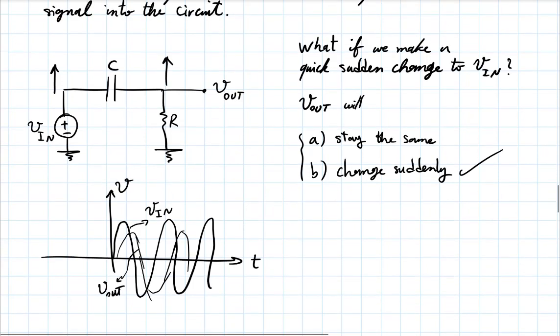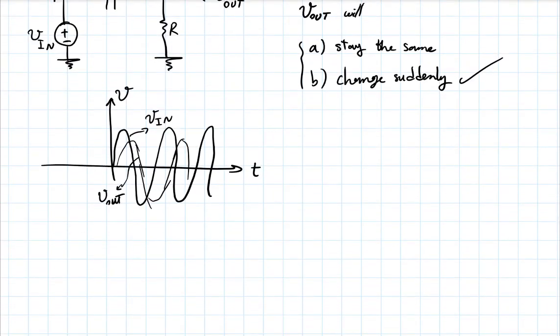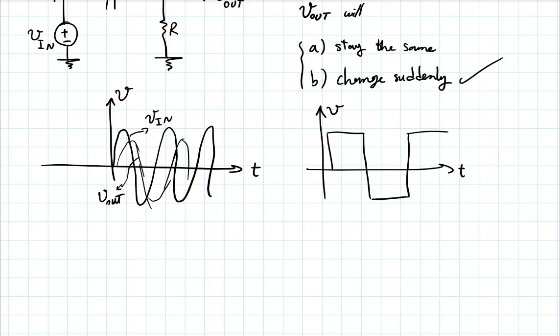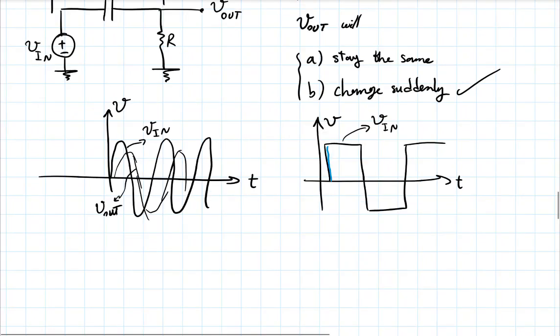You see, think of this as a series of maybe sudden changes. It will be more like this. Maybe this is easier to understand. V as a function of t. If this is my V in, sudden jump, then another sudden jump, another sudden jump. A sudden jump in V in will lead to a sudden jump in V out.